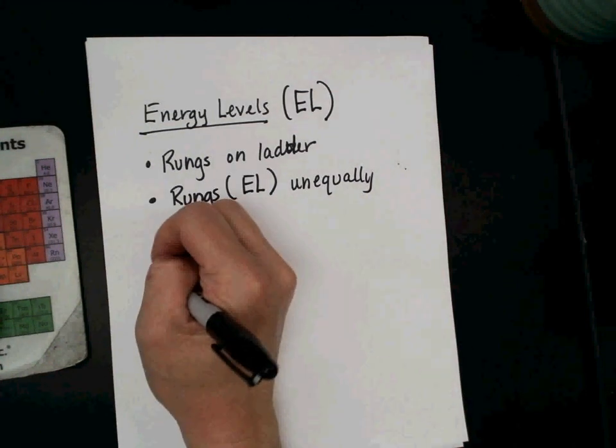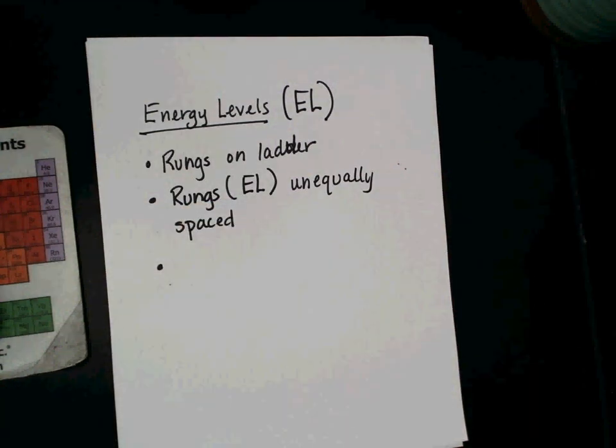Okay, so now I'm going to ask you another question. I want you to look at your picture and see if you can figure it out. Which energy levels are the closest together? Those farthest from the nucleus or those closest to the nucleus? Which ones are the closest together? The ones that are farther from the nucleus or the ones that are closer to the nucleus? Connor?